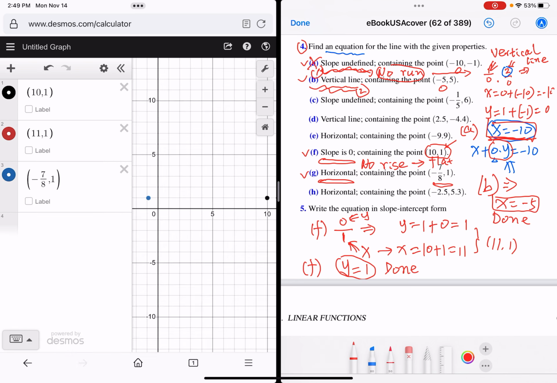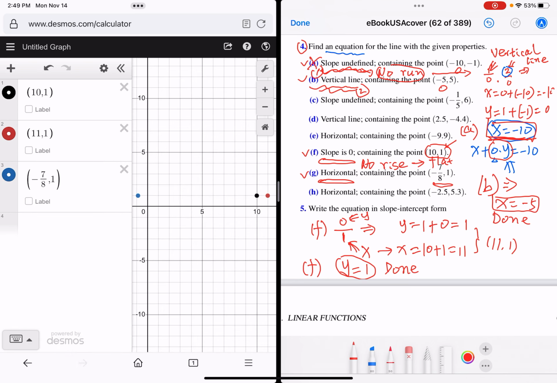You can see it's still on the same line as this. So what do we get? The equation for H still is y equals 1.